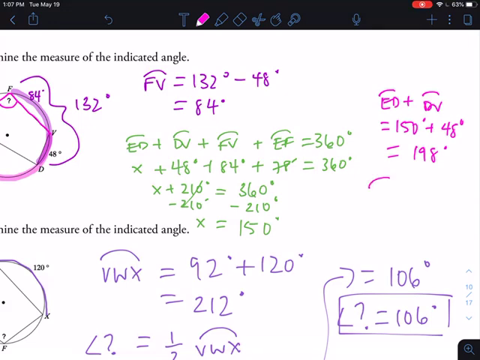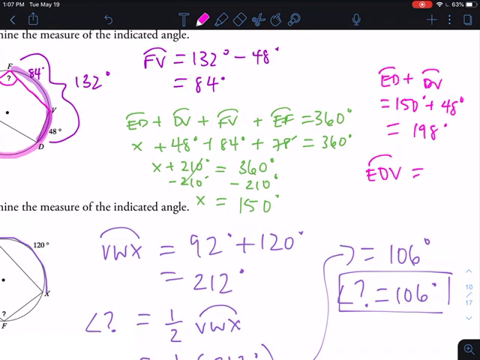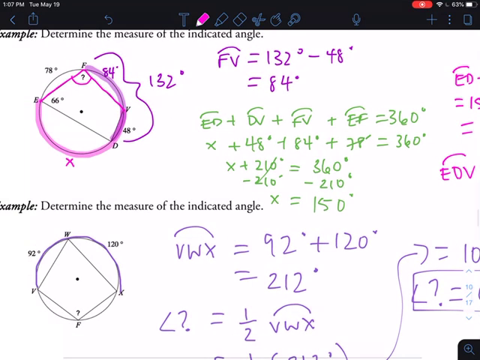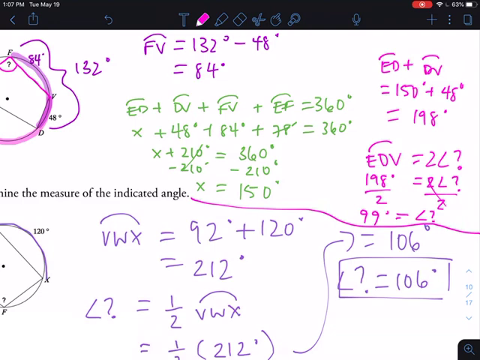And we know that arc EDV, okay, I'm going to scroll back over here, EDV, this whole arc, is equal to 2 times angle question mark, which is the one that we wanted this whole time. So when I take 198 degrees, then I can divide both sides by 2. Sorry about this getting really squishy here, you guys, my bad. That means that angle question mark is equal to 99 degrees, and that's our final answer.